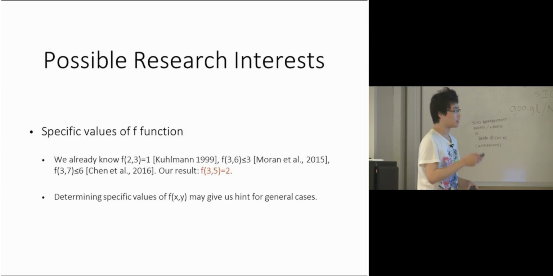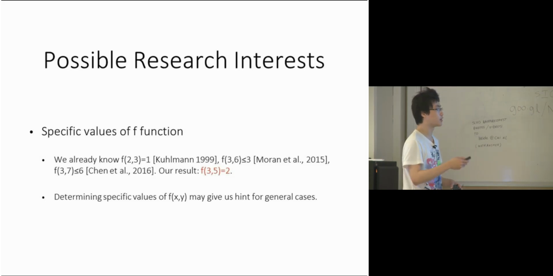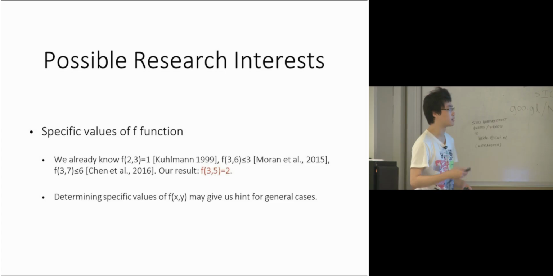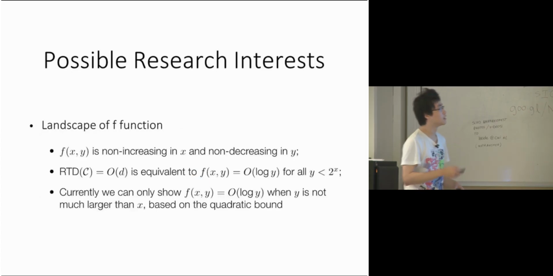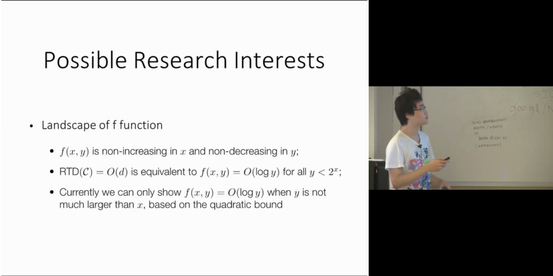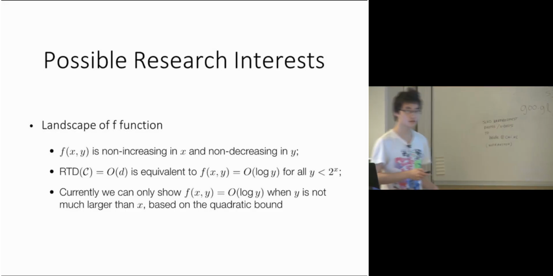So these are specific cases, and actually we generalize all these specific cases to get our general result. And the other is to try to study the landscape of that function. So thank you.